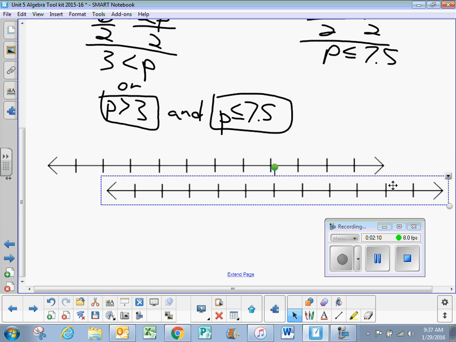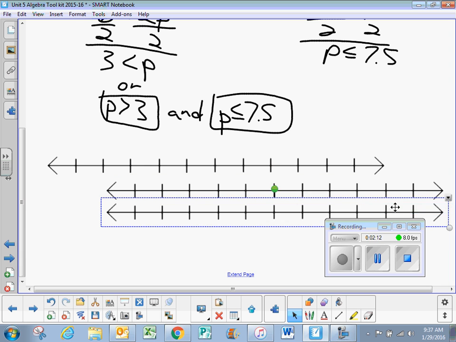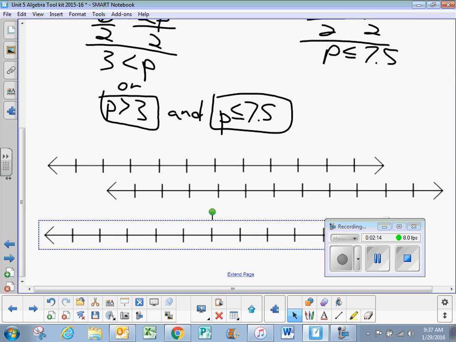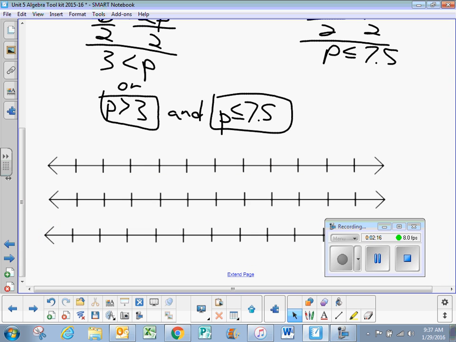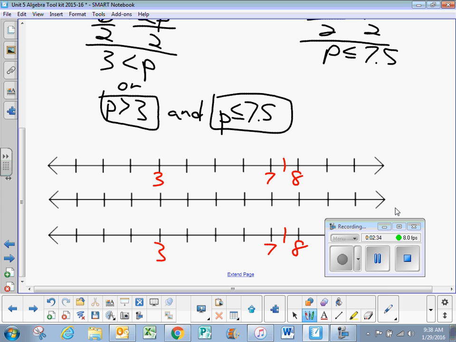Okay, apparently some thought it was an and and some thought it wasn't. Okay, so as we continue here, our key points are 3 and 7.5. 3, 4, 5, 6, 7, 8. So I want to indicate that I understand that 7.5 is between those. So we're going to go ahead and graph those.